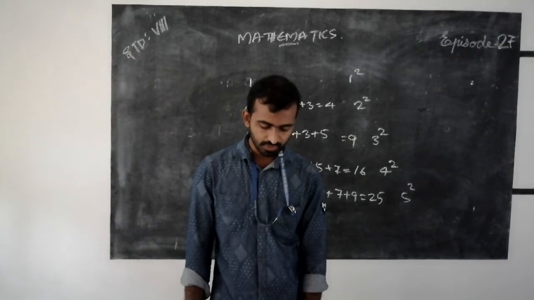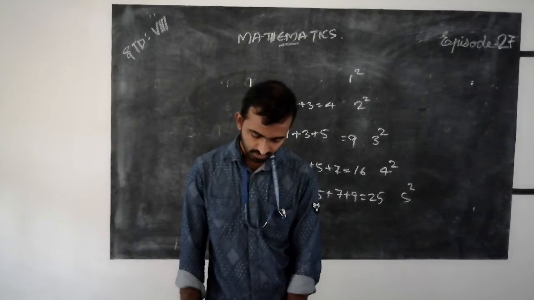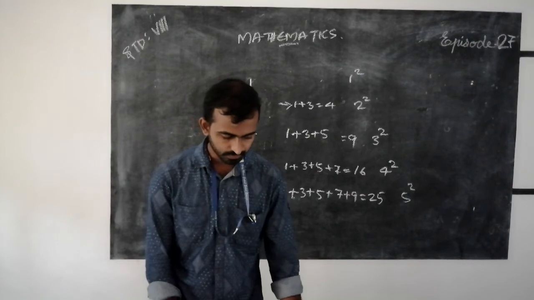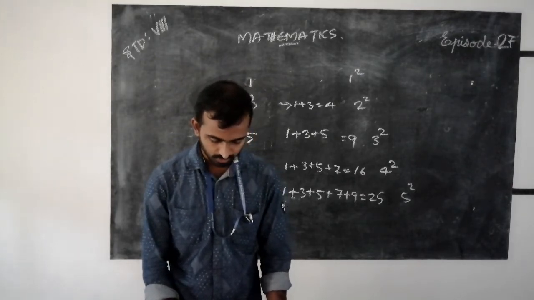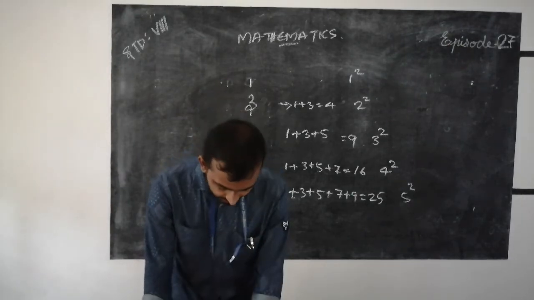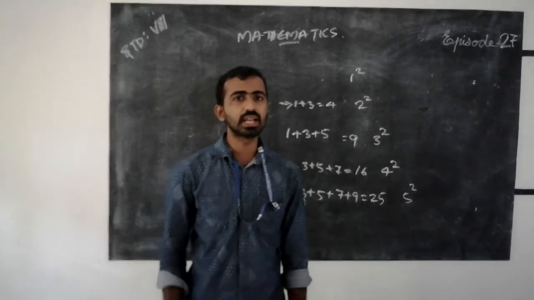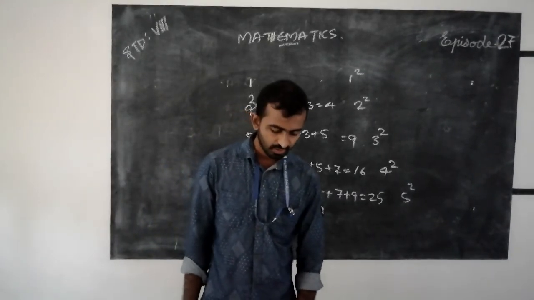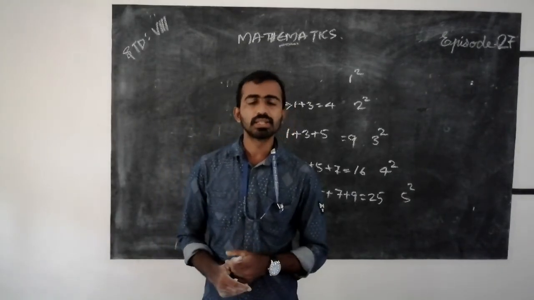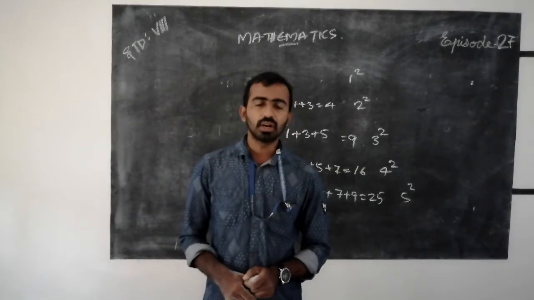The first one is 12. Is 12 a perfect square?